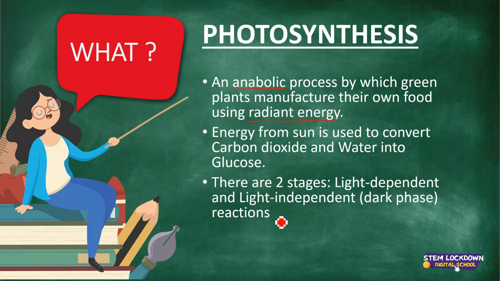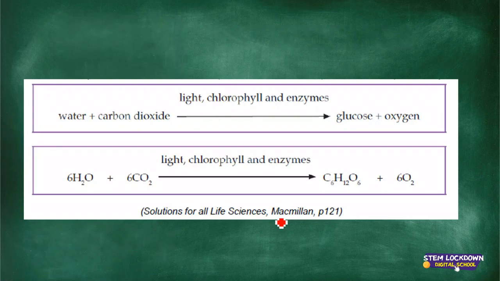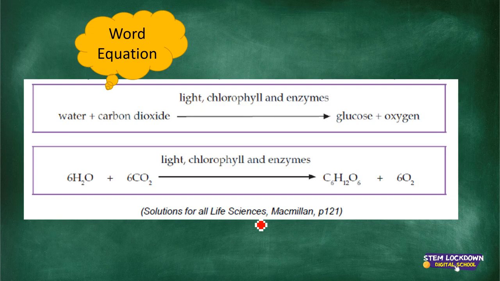But now I'd like to go into detail about photosynthesis, so that we understand the concept of photosynthesis. All right. So what we have here in front of us is what we should know. If you want to pass this section of photosynthesis, you need to know these formulas. All right, so the top one is the word equation.